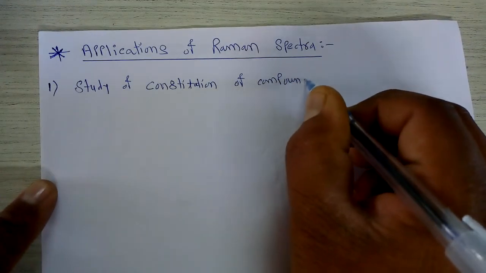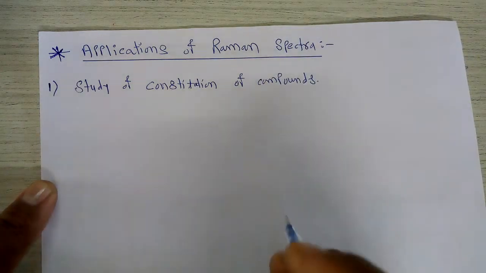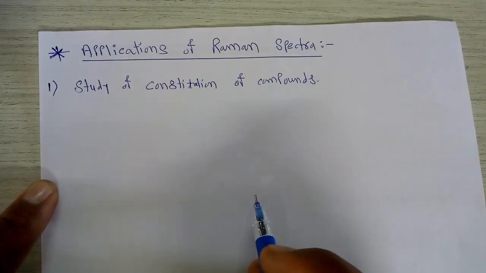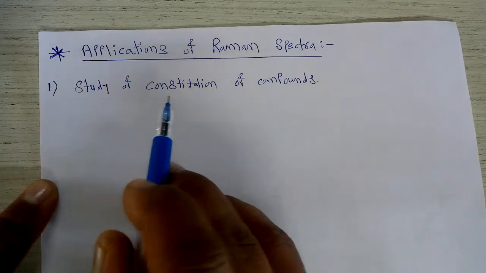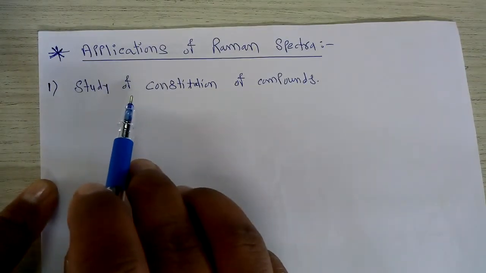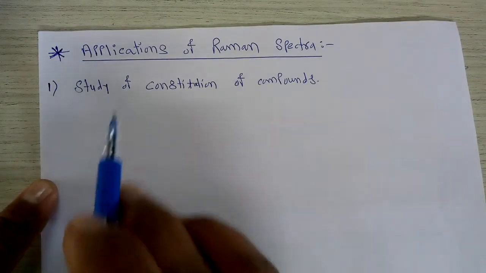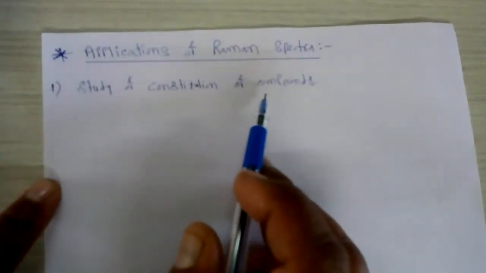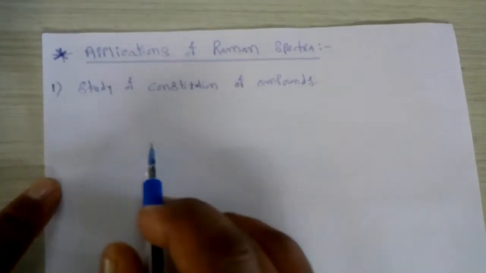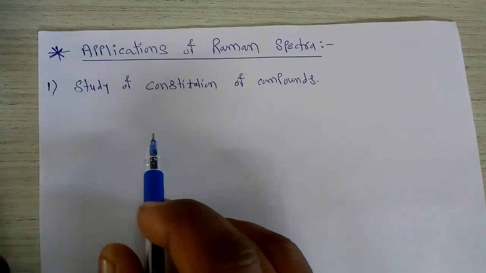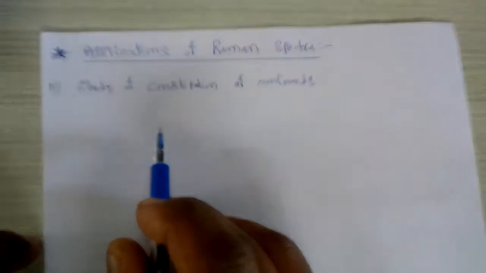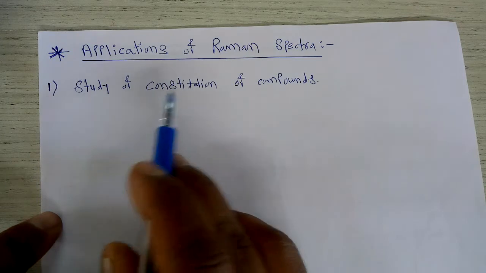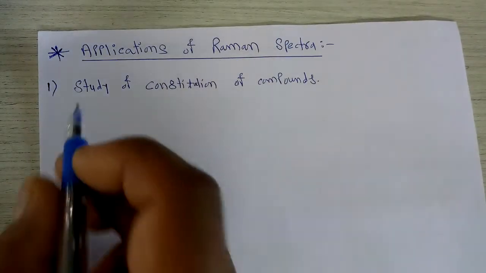So this is the first important application of this particular Raman spectra, that it is very useful for solving some problems regarding the constitution of compounds. If we want to study the constitution of compounds, those research problems can be easily solved with the help of this type of Raman spectra.